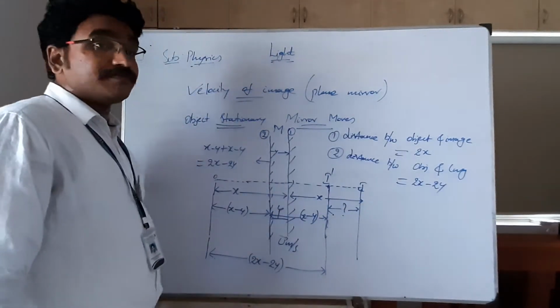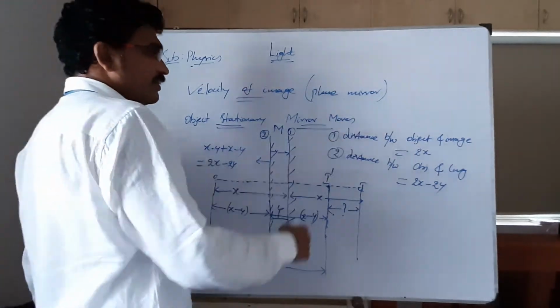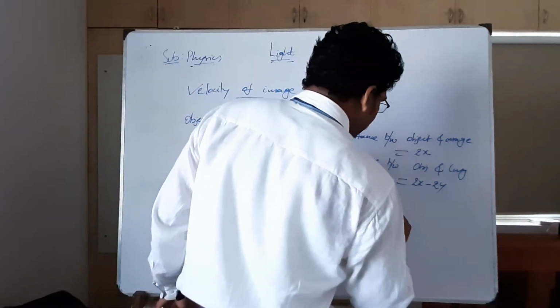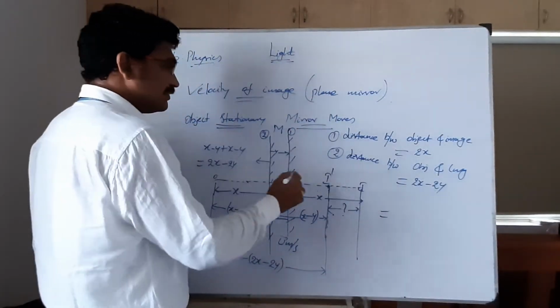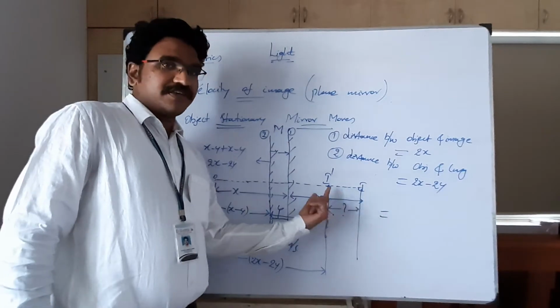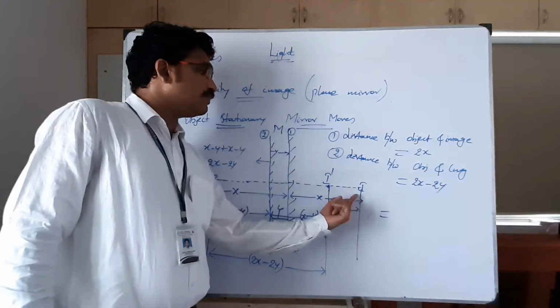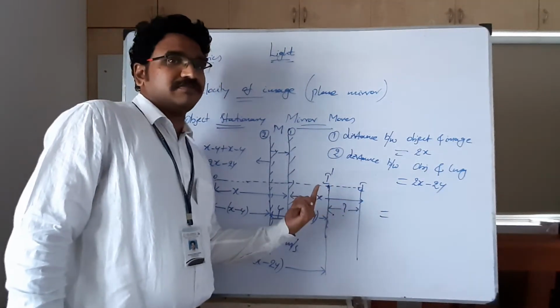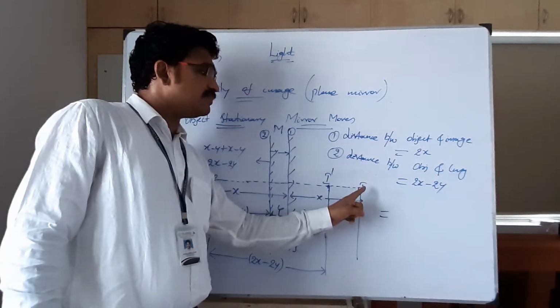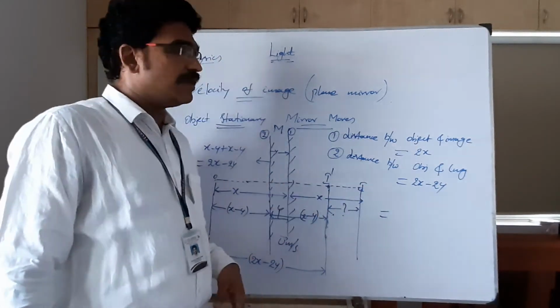Then what do you do? Simply, we can say this shift is the distance traveled by the image from its first position to its final position. That shift I want. What is the distance traveled by the image from its first position to its final position?